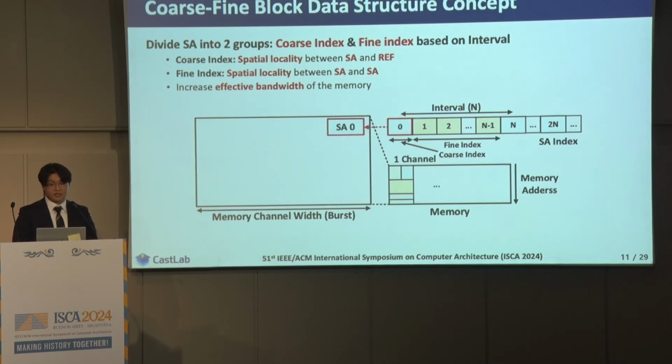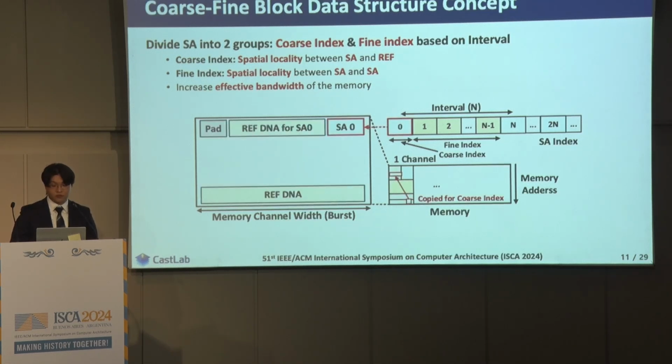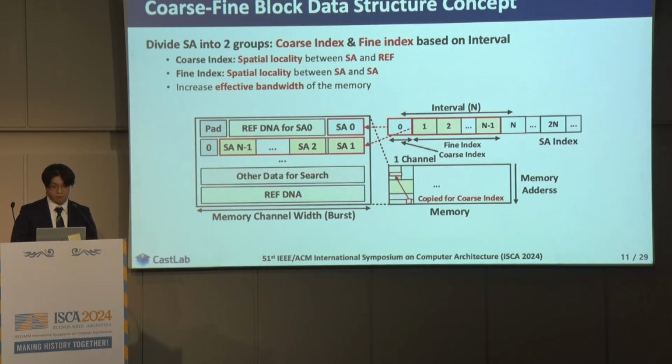This coarse index is saved alone in the memory line, along with the partial copy of reference DNA where the coarse index points to. Since two related memories are located in the adjacent memory, spatial locality is enhanced. Meanwhile, fine indexes are saved together with their adjacent indexes in the same memory line for additional spatial locality. By doing this, we increase the effective bandwidth of memory.